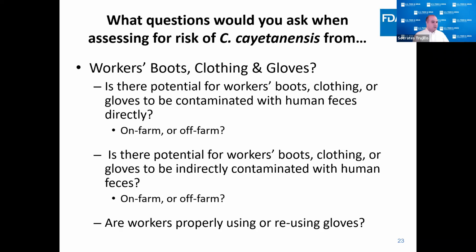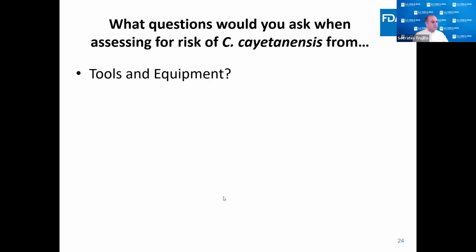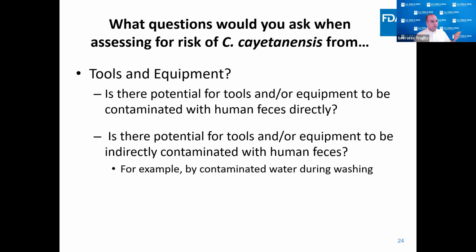What are the potential sources of this contamination, right? And again, tools and equipment, as I indicated, if I have soil hands and if I put these tools and equipment on areas which can be contaminated with human feces, how are we going to pay attention that this does not occur, right?